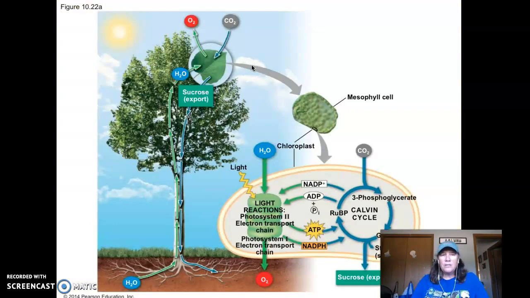Here's a little diagram. We have our leaves, and inside the leaves is the chloroplast. In the chloroplast is where photosynthesis occurs. We have two reactions, the light reaction or light cycle, whatever you want to call it. This is where you take energy from the sun and produce ATP and NADPH. Those are the energy, and we pass them over to the Calvin cycle.